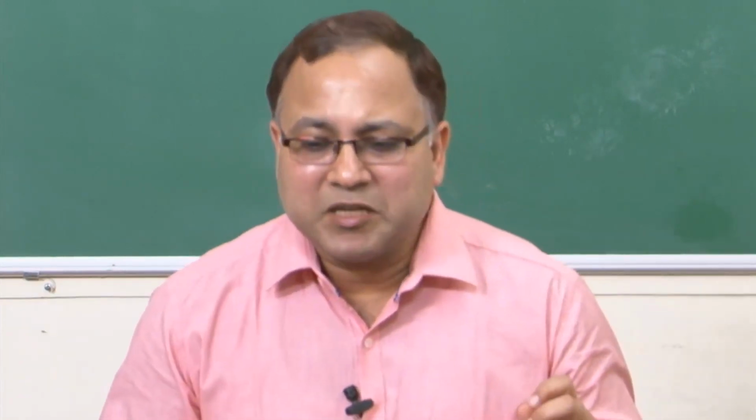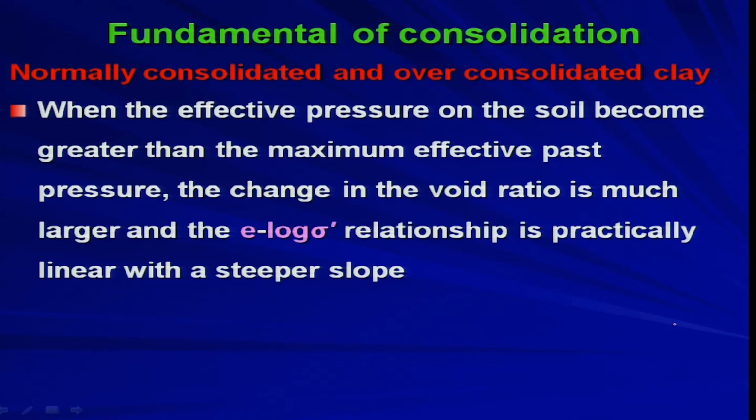So, when the effective pressure on the soil becomes greater than the maximum effective past pressure, the change in the void ratio is much larger and the e log sigma prime relationship is practically linear with a steeper slope. So, this is happening during that time, okay. When the effective pressure on the soil becomes greater than the maximum effective past pressure, that means when your sigma 2 is greater than sigma 1, at that time you will be getting a very steep slope.